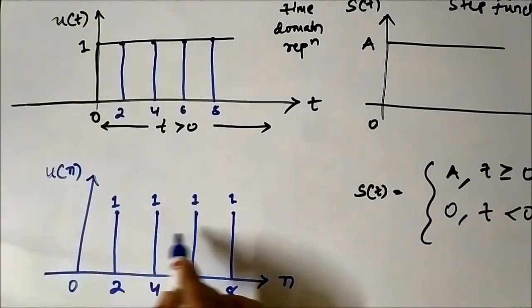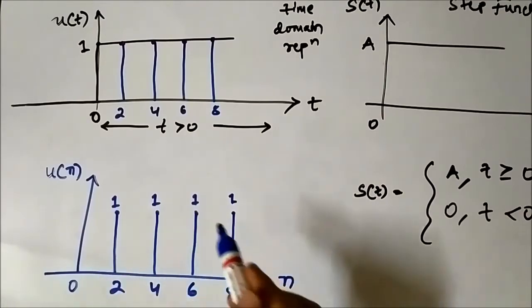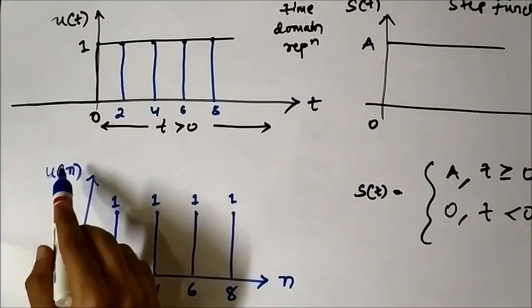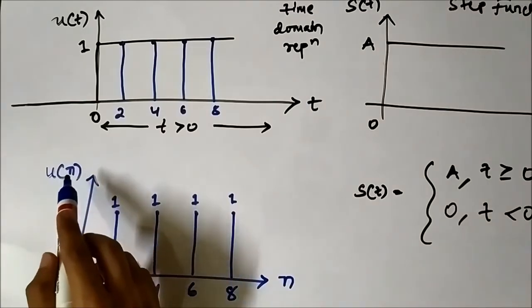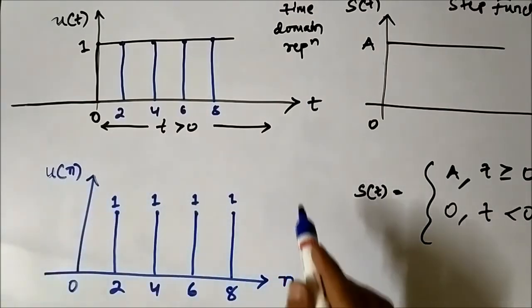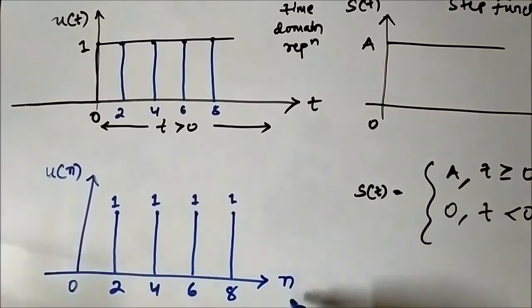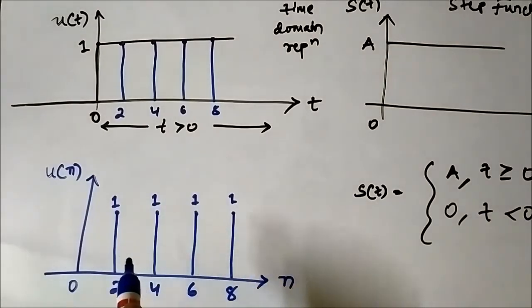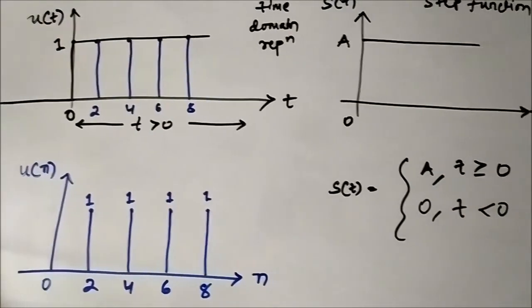This is the discrete time domain representation of the unit step function. Here u(t) got replaced by u(n) and the continuous time t got replaced by discrete time n.